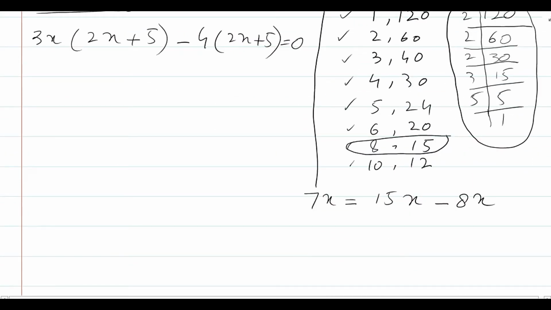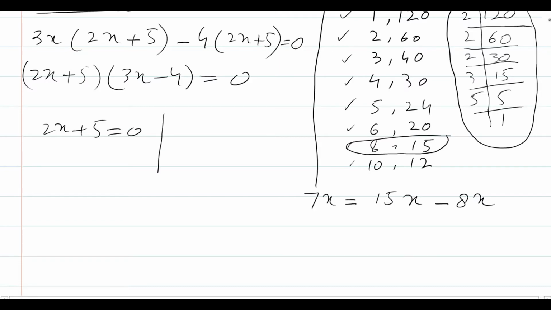Our next step will be taking 2x plus 5 as common, and you are left with 3x minus 4 equal to 0. Now either 2x plus 5 equal to 0 or 3x minus 4 equal to 0.